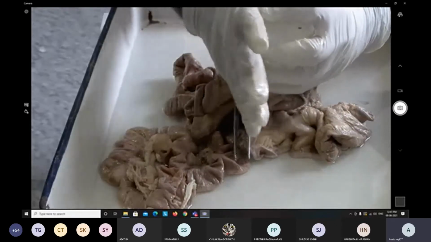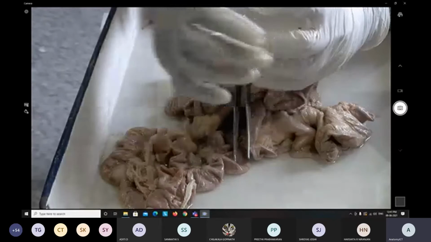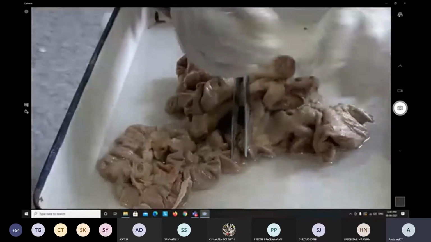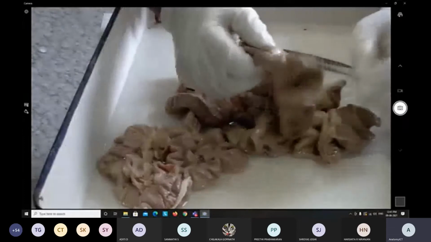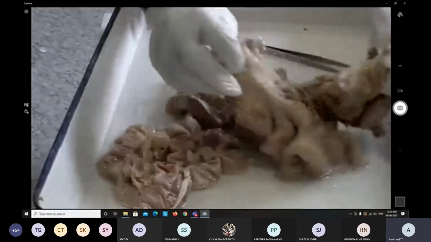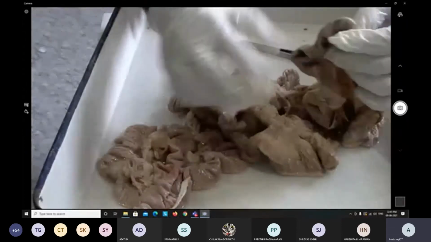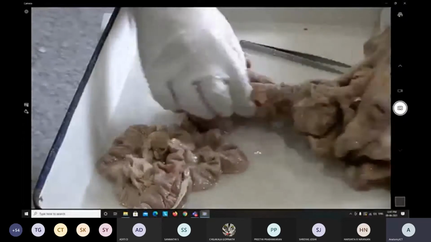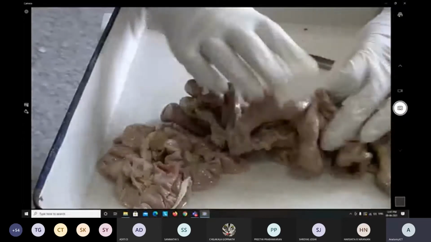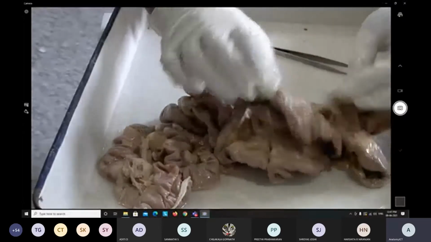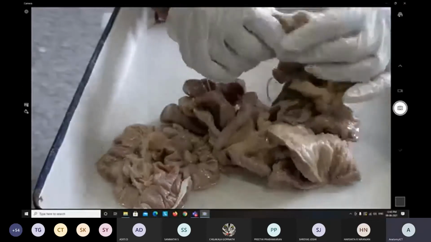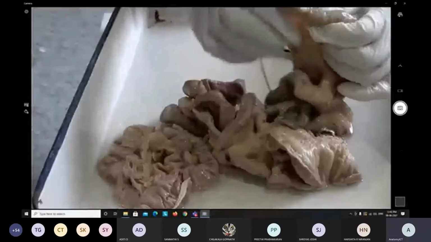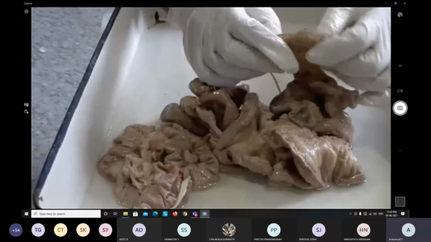And from the branches which pass and connect to the intestine, from there they directly drain into the blood vessel. This is the most important thing to differentiate. When you see the internal structure, the jejunum is more absorptive. When you come to the ileum, the ileum has its own defense mechanism, which we call Peyer's patches. That is very important.